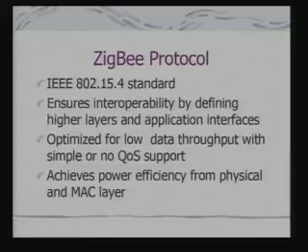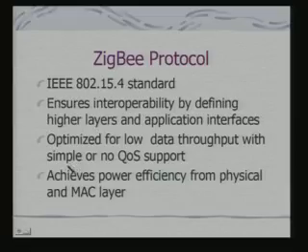There is a ZigBee protocol which is actually different from this, which is a currently emerging IEEE standard for this kind of sensor network. ZigBee refers to an industry consortium which ensures interoperability by defining higher layers and application interfaces.